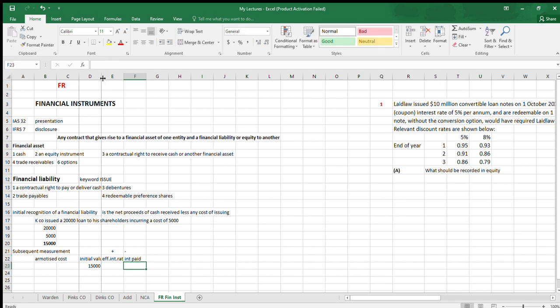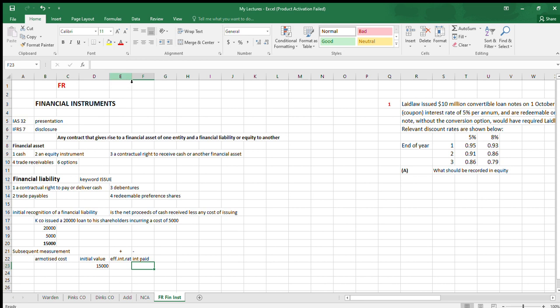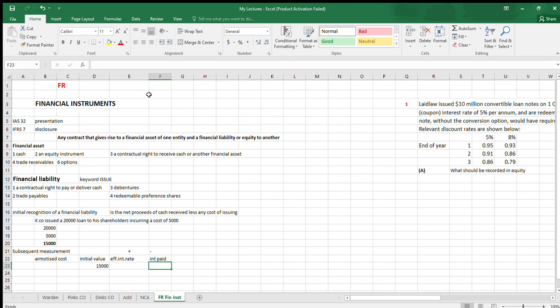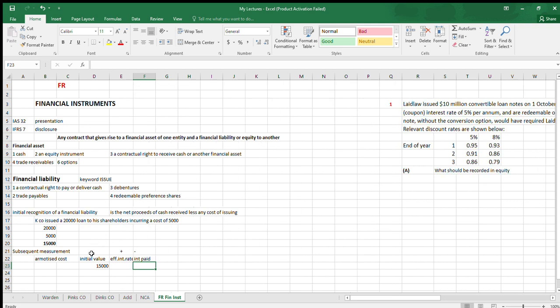That's all under the subsequent measurement. So you have your initial value, you have your effective interest rate, then you have your interest paid. So this is initial recognition.